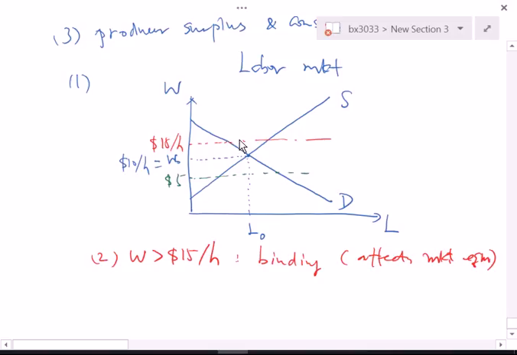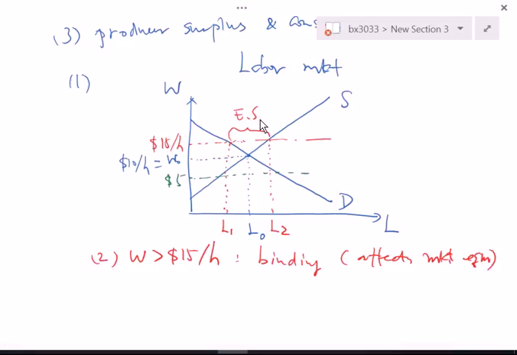To see this, at a wage rate of $15 per hour, firms are only willing to hire L1 workers. In contrast, households are willing to supply L2 workers. So now there is excess supply of workers who want to find a job but couldn't find a job.